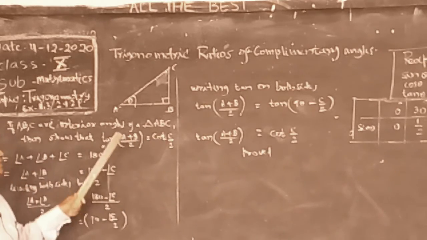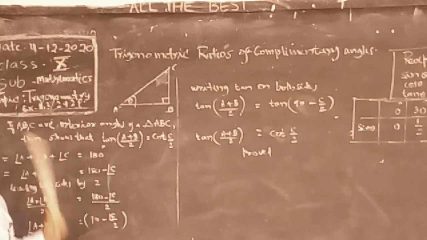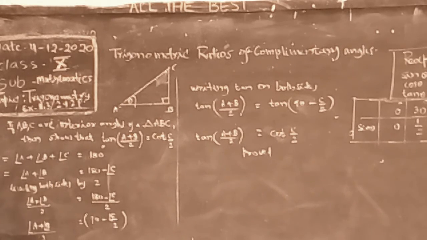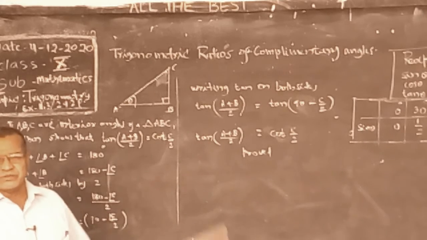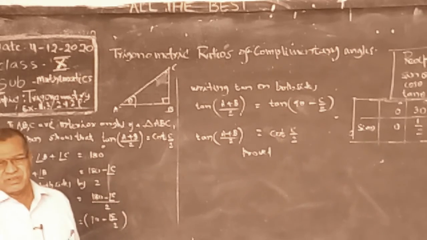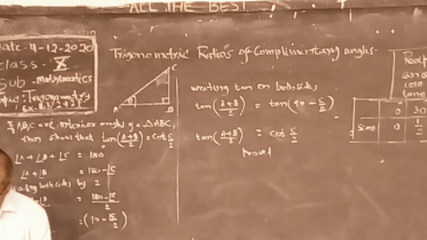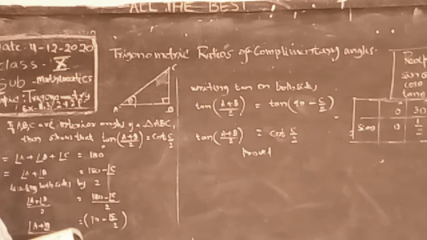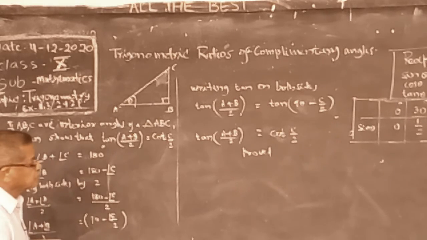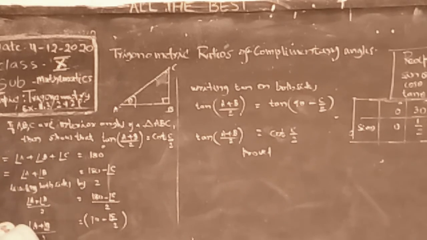Other problems are given in the exercise, so please practice. In every exercise, some examples are given. You practice them, then only you will be thorough. Next, sixth question, very important.